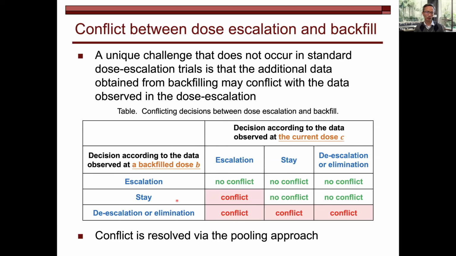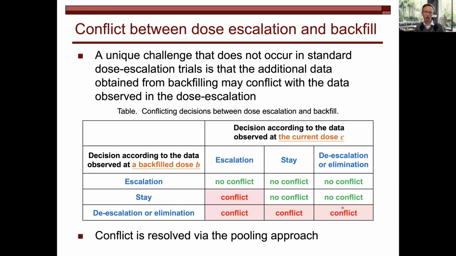For example, if the current dose data shows escalation, that means the current dose is very safe. But at the backfill dose, it shows stay or de-escalate, which shows the even lower dose is more toxic. That's certainly a conflict because we expect the lower dose should be safer than the higher dose. So this is the conflict.